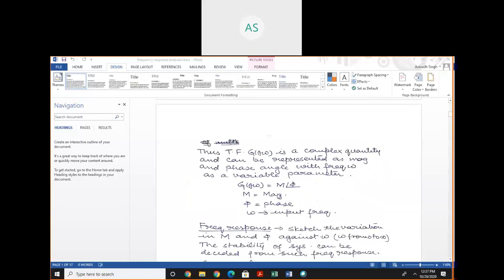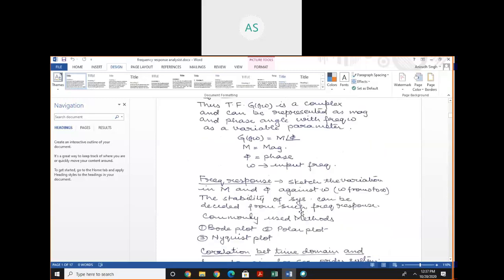This transfer function G(j omega) is a complex quantity, and it can be represented as a magnitude and phase angle with frequency omega as a variable parameter. So we can write G(j omega) equal to M at angle psi, where M is the magnitude, psi is the phase angle, and omega is the input frequency.